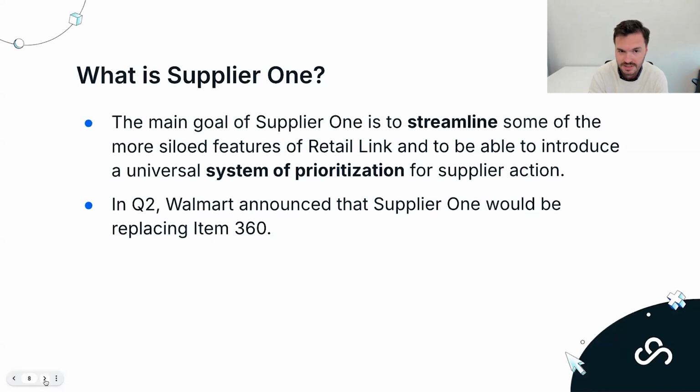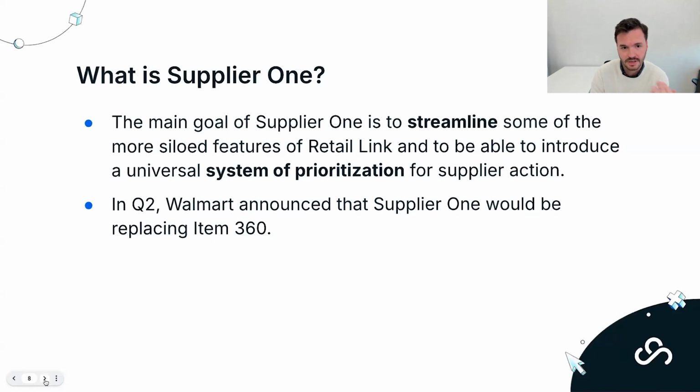But when it comes to other things like item setup or the right kind of item level detail and reporting, it's very difficult to create your own individual system of prioritization. So in some ways, this is helpful for suppliers, I would think, because it gives them a sense of what Walmart thinks their priorities should be. So that's kind of the main heart behind it.